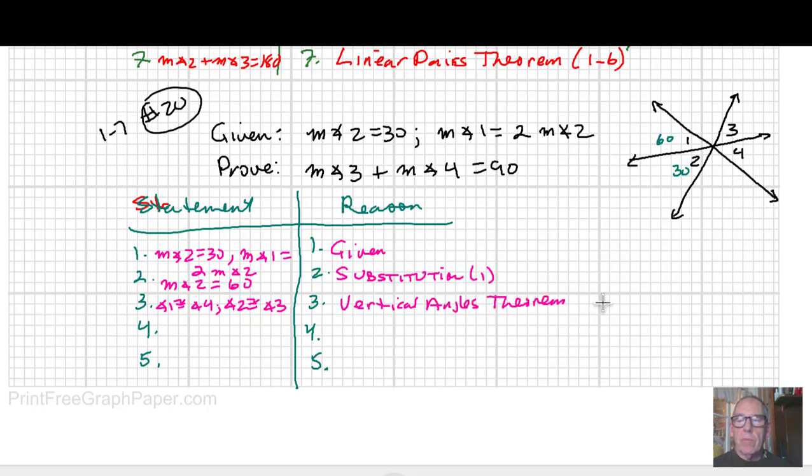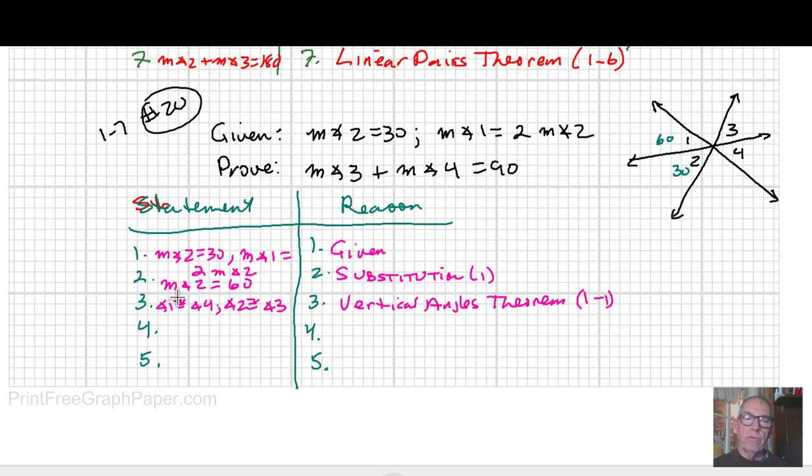Now in other geometries, that's our theorem 1-1. In the past, I have taken an extra step and said that angle 1 and angle 4 are vertical angles, and angle 2 and angle 3 are vertical angles. Therefore, angle 1 is congruent to 4, angle 2 is congruent to 3 because of the vertical angles theorem. So we're just expecting whoever's reading this proof to recognize what the vertical angles theorem is and look at the diagram and see that 1 and 4 are vertical angles and 2 and 3 are vertical angles.